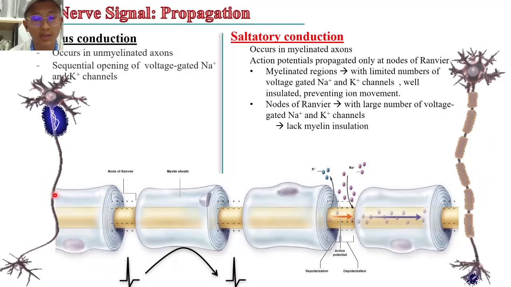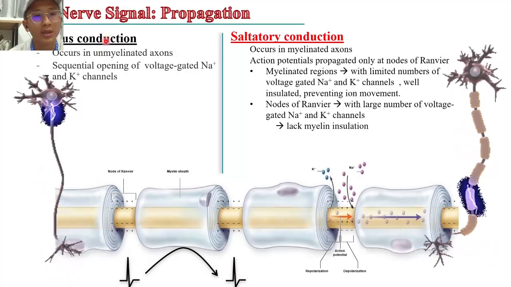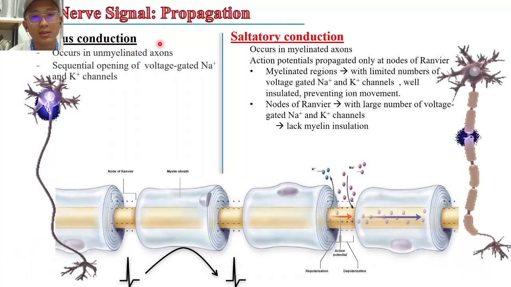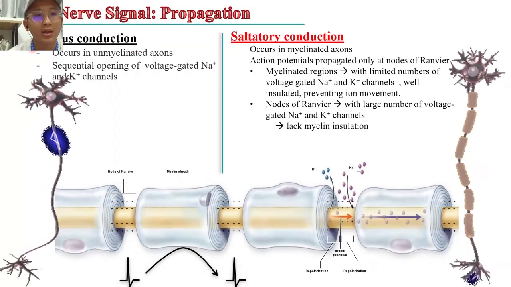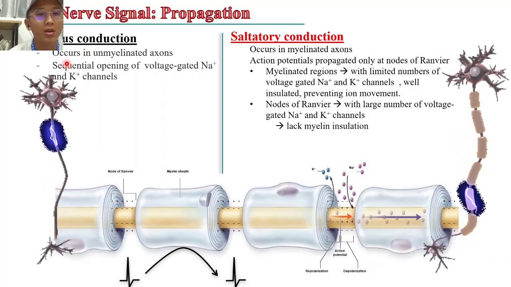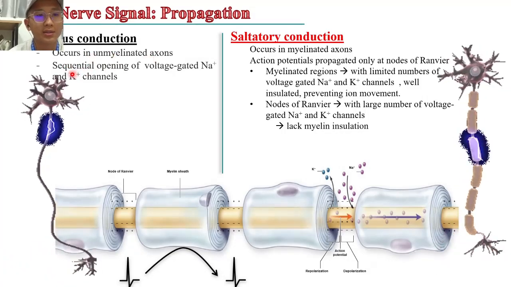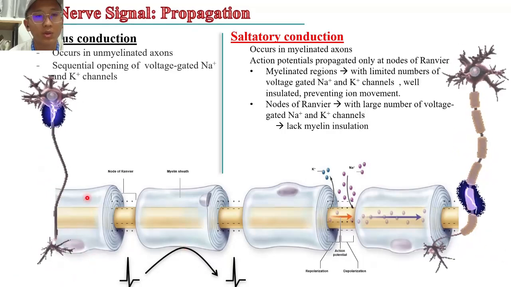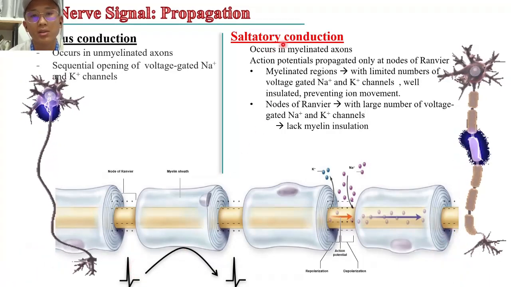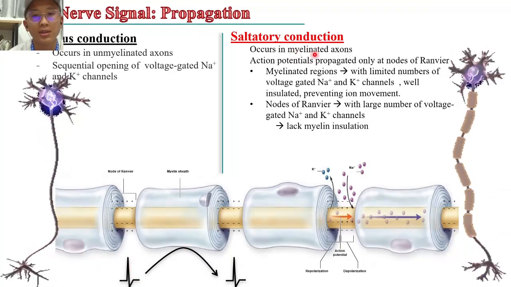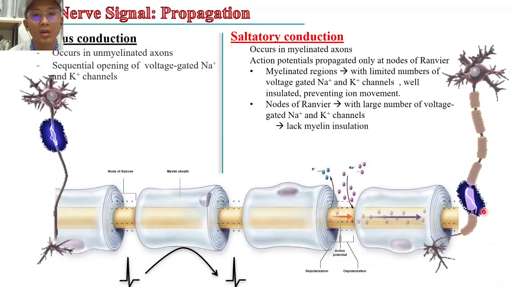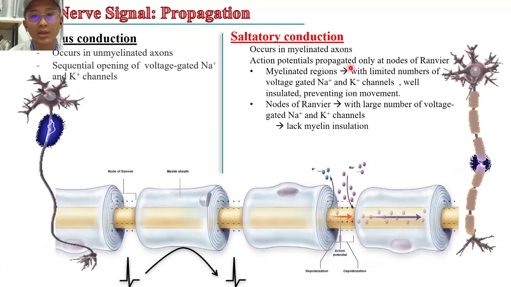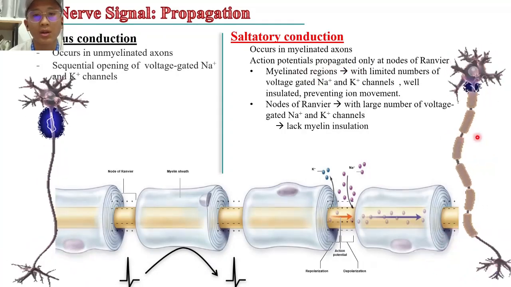Nerve impulses are conducted by two different mechanisms. Continuous conduction and saltatory conduction. Continuous conduction occurs in unmyelinated axons, with sequential opening of voltage-gated sodium and potassium channels. Saltatory conduction occurs in myelinated axons, where the action potential is propagated only at the nodes of Ranvier.